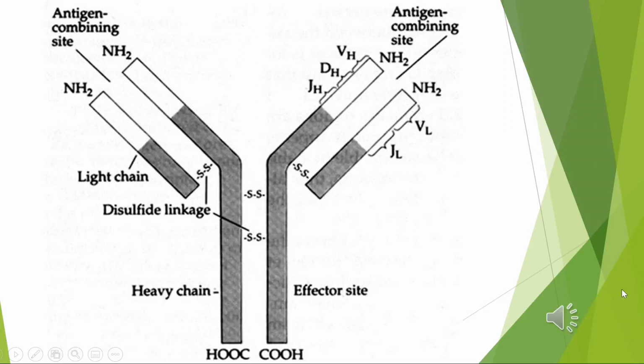This diagram is showing again the heavy and light chains, constant and variable regions, disulfide bonds and hinge region, and fragment antigen binding and fragment crystallizable fragments. Two identical fragments of the Y-shaped molecule possess the antigen binding sites and are thus named fragment antigen binding, Fab.